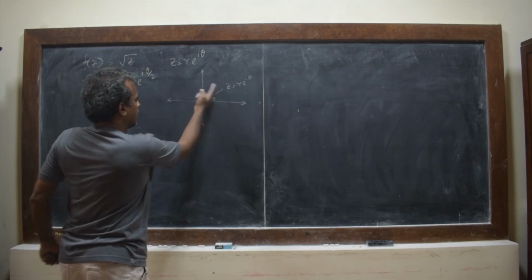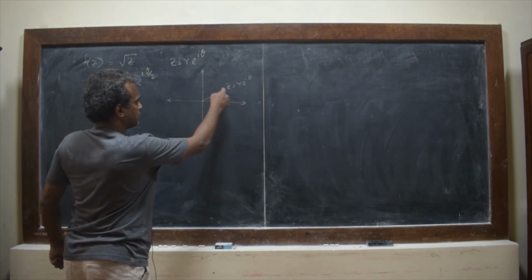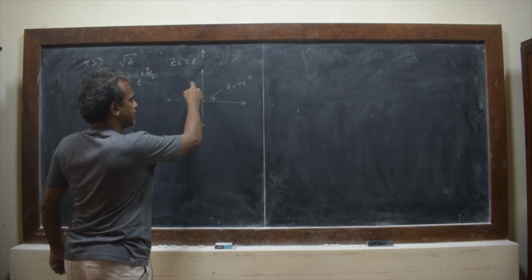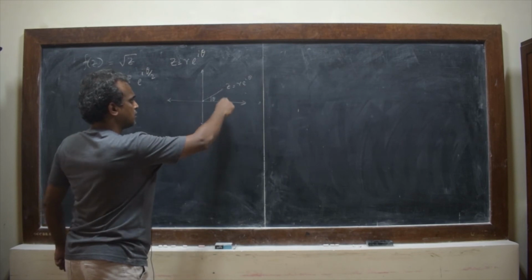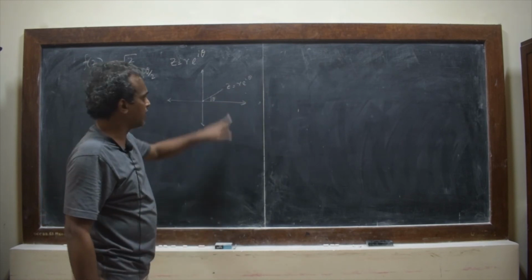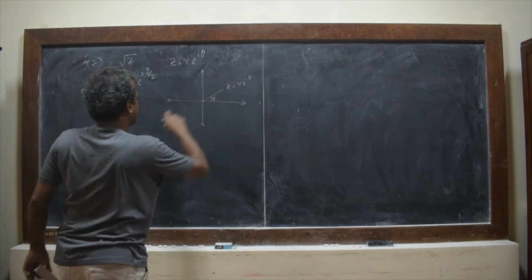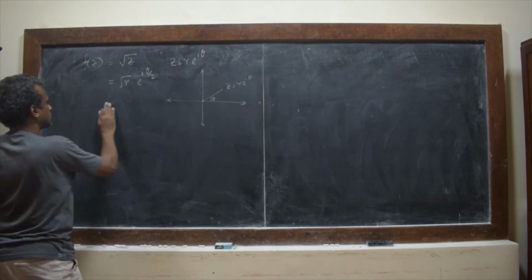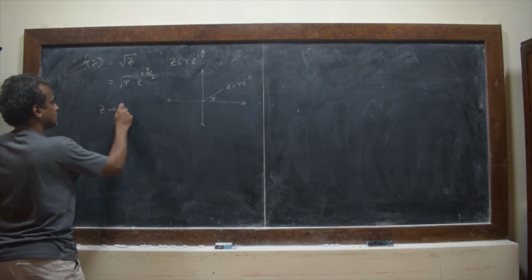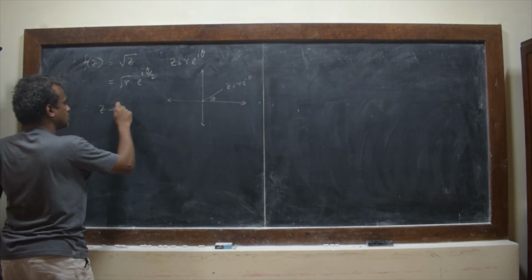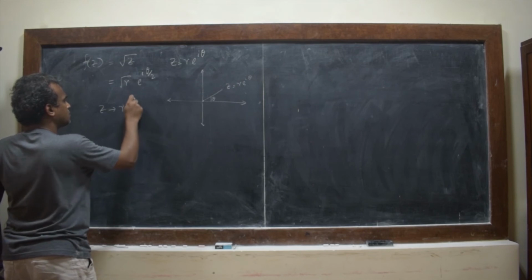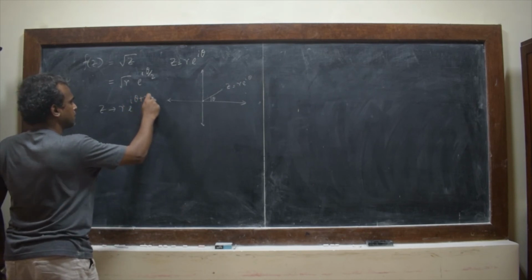When I rotate this line, or equivalently, if I carry this point around the origin through a circle of radius r and bring it back to its original location, all that happens to z is that it goes to r e to the I theta plus 2 pi.